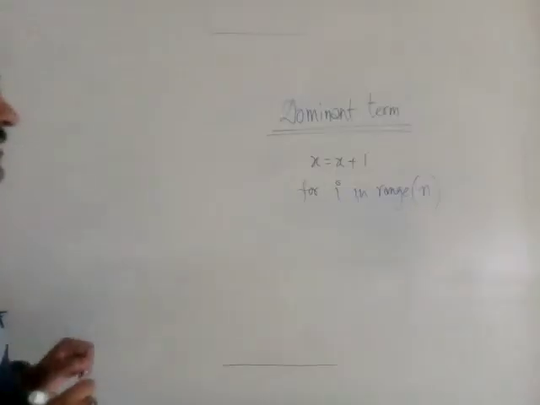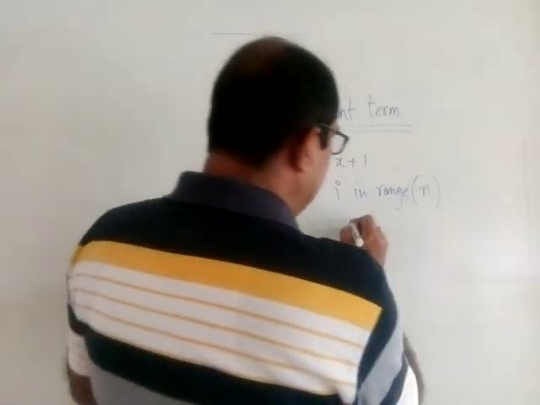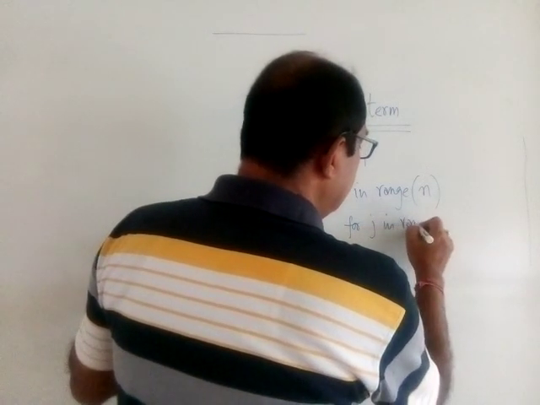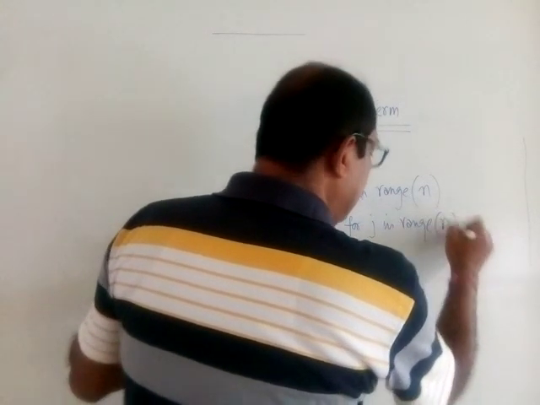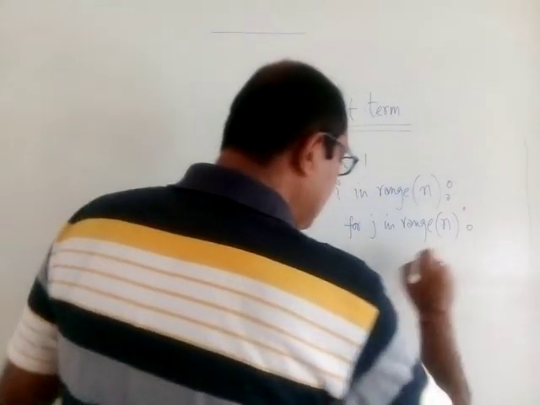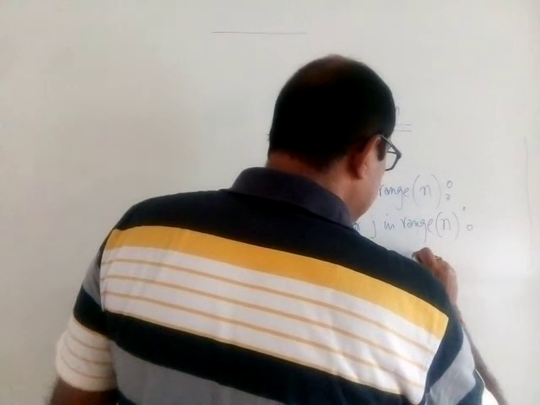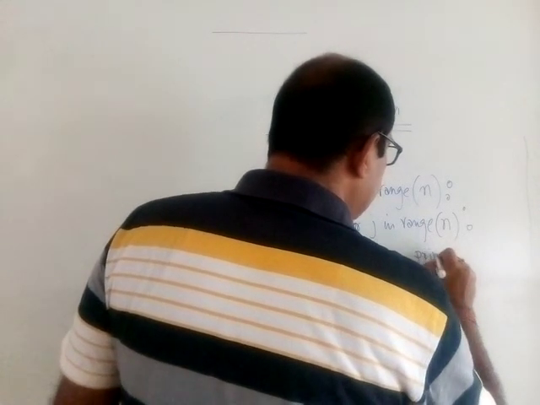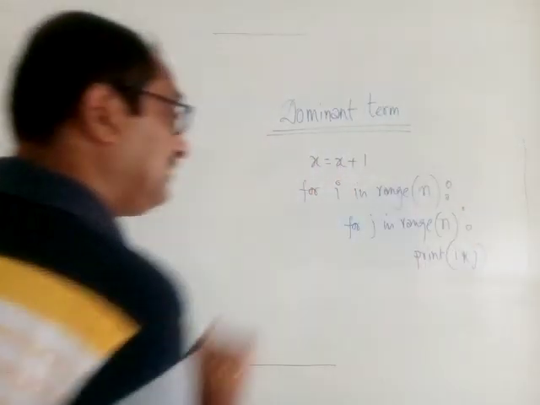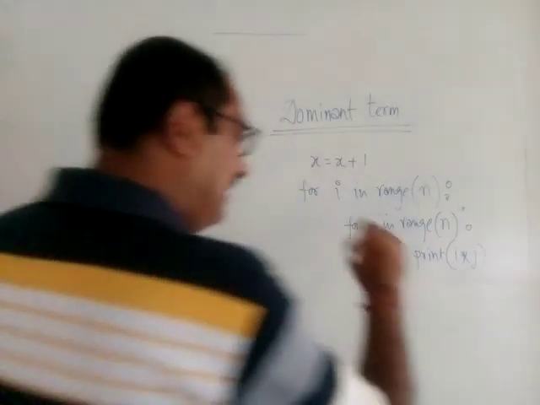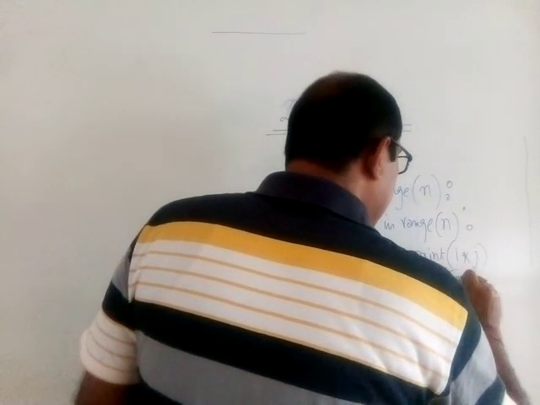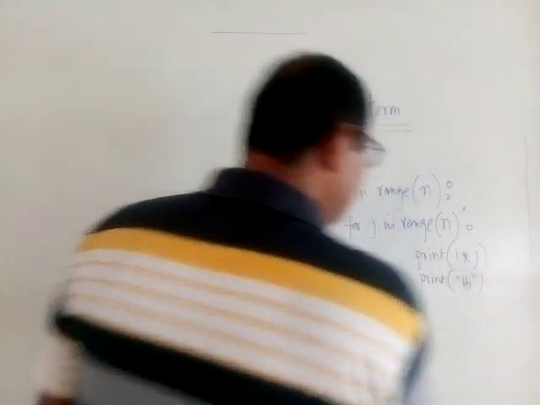Now I took another loop, for j in range also n. This was my loop, and here we had a statement, say print i multiplied by j. That was the job I was doing. Maybe I was doing one more statement, say print i.